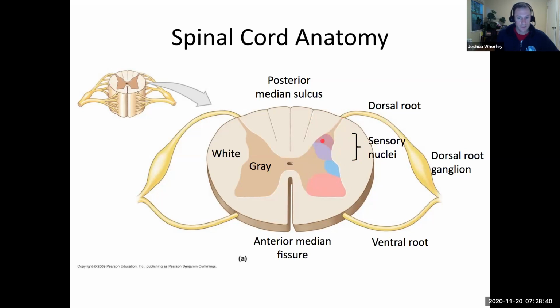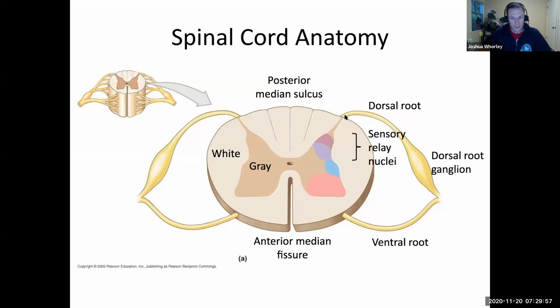Those synapse on relay nuclei somewhere in this dorsal region of the gray matter, right? So these are really relay nuclei, not so much sensory nuclei. In fact, let me modify that a little bit for you. This is better. These are sensory relay nuclei, right?